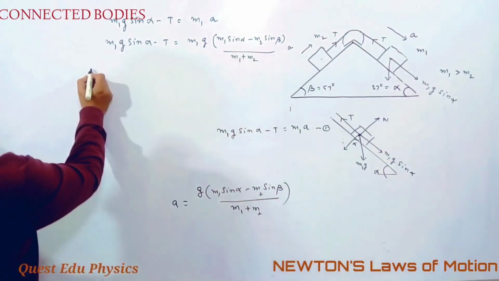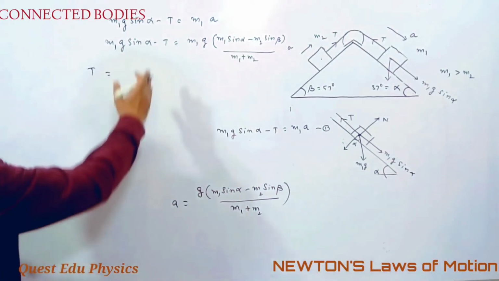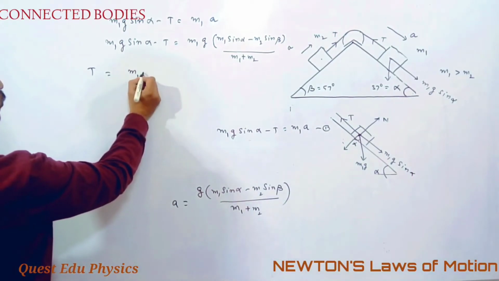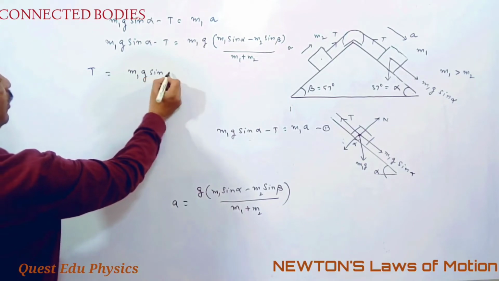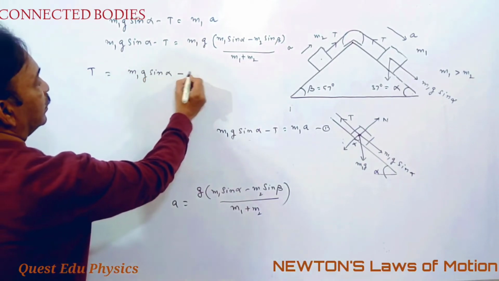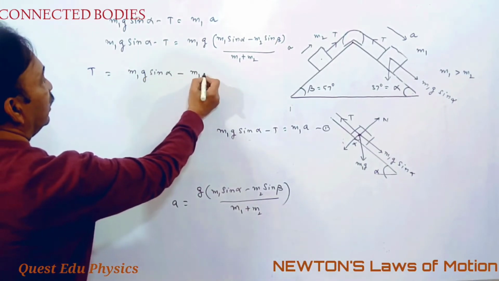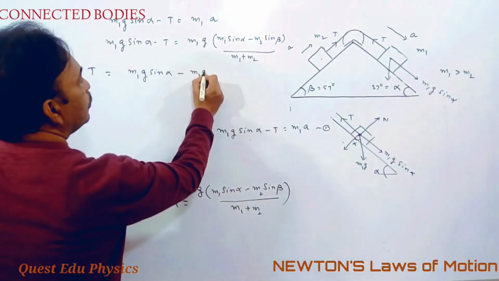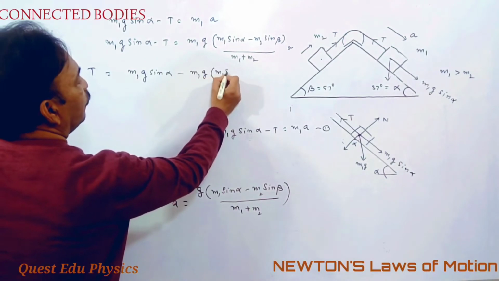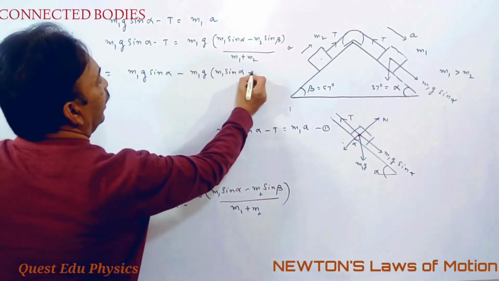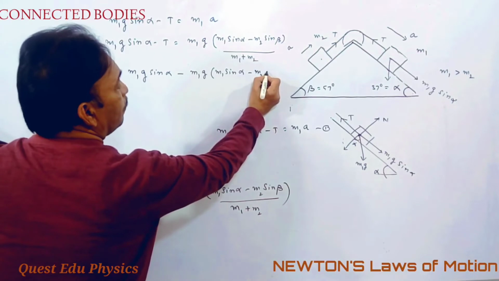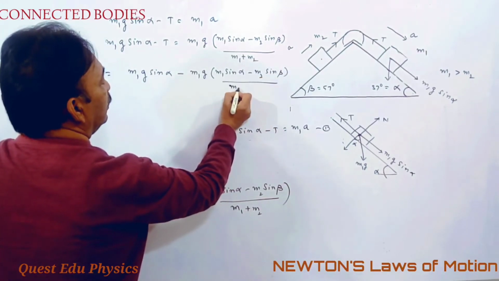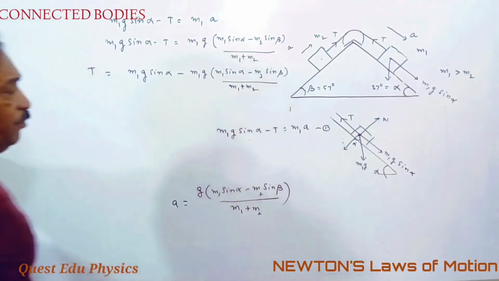Okay students, T can be had as m1g sine alpha minus m1g of m1 sine alpha minus m2 sine beta upon m1 plus m2.